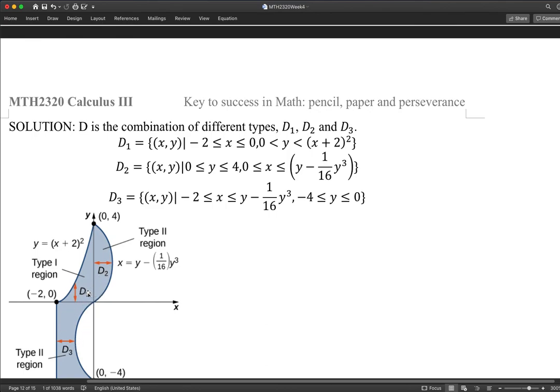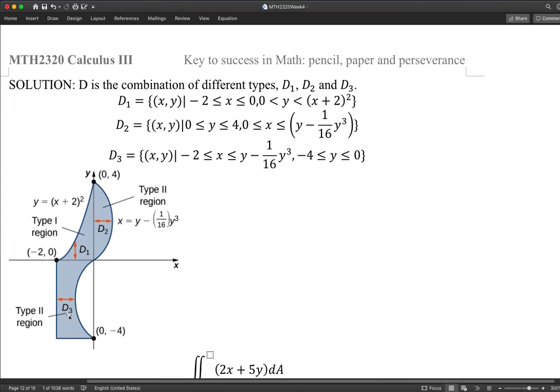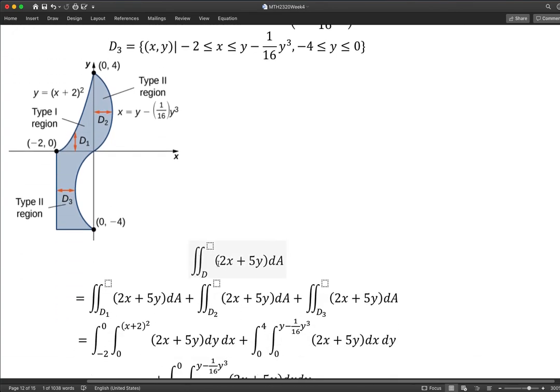They are not of the same type. D1 is considered type 1, then D2 and D3 are both considered type 2. Accordingly, the integral over the entire region is the sum of the integrals over each part of the region. And then you will have to do the calculation for each part accordingly.